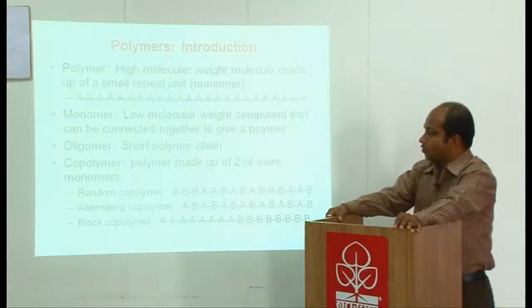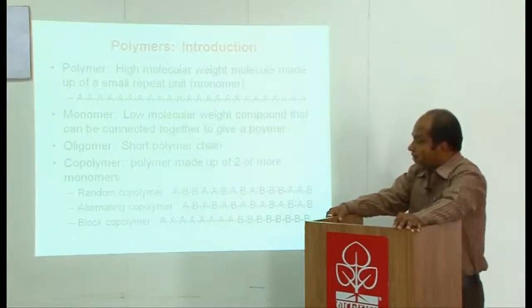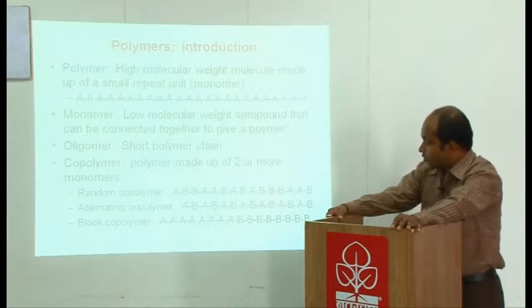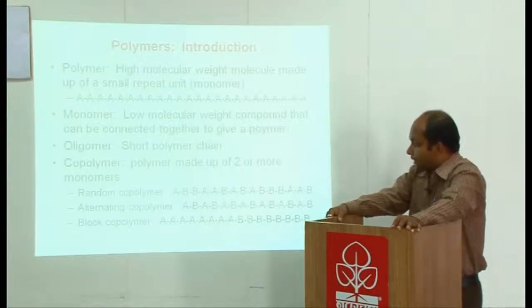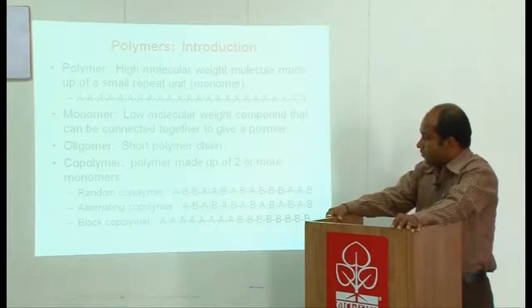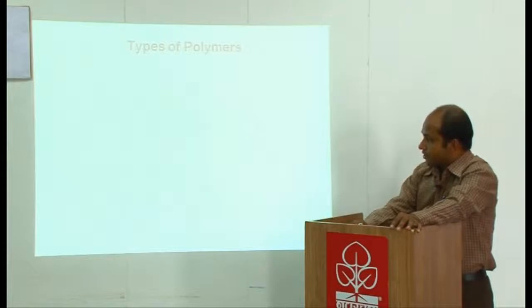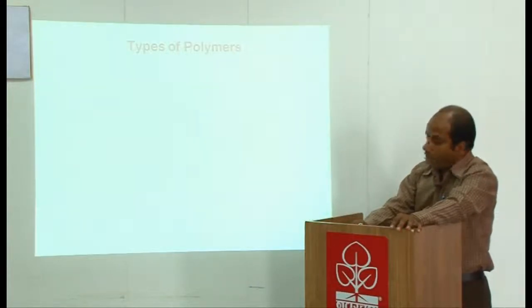Whereas in case of a block copolymer, you have multiple monomers of A connected with each other, followed by multiple monomers of B connected with each other, and these blocks of monomers are connected to each other in a block copolymer.